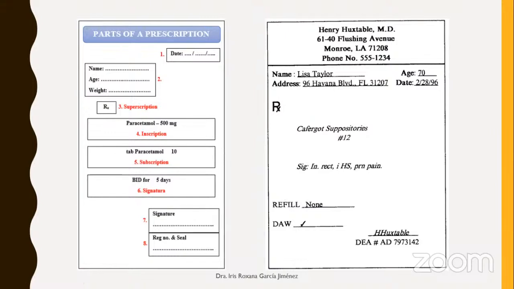In some situations, patients have numbers in this place where it says refill: 1, 2, 3, 4, 5. The pharmacist just checks the number, places the date when the patient is buying again, and when finished, they can go again with the same medical prescription.